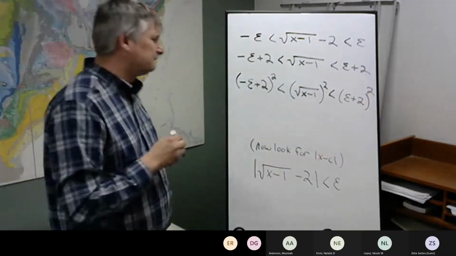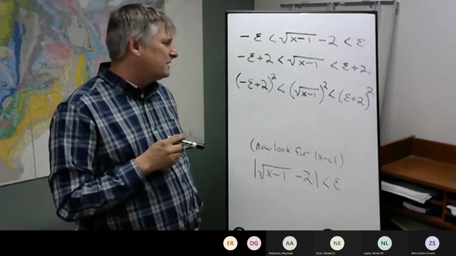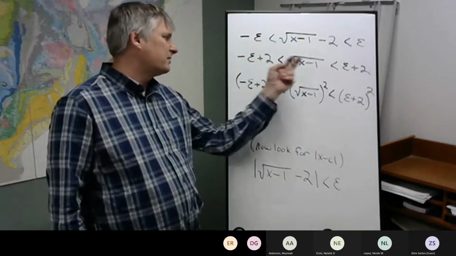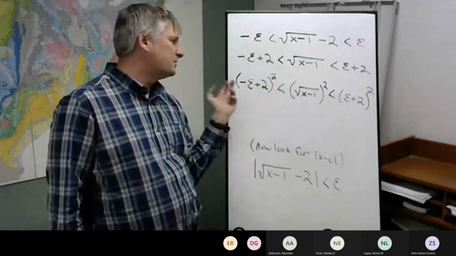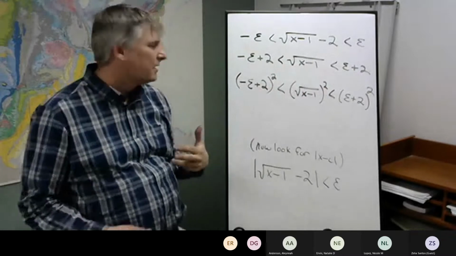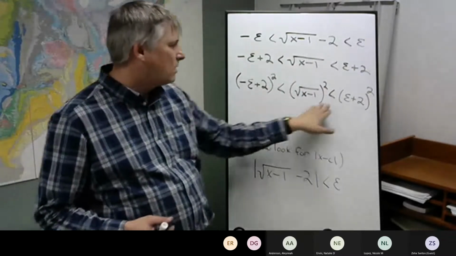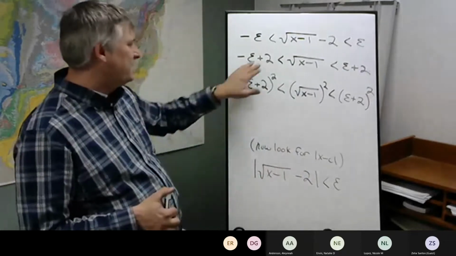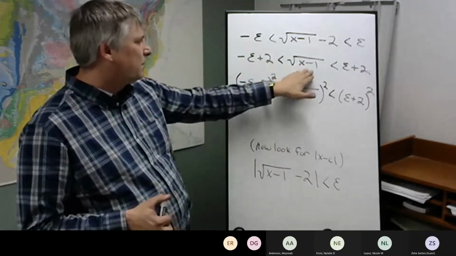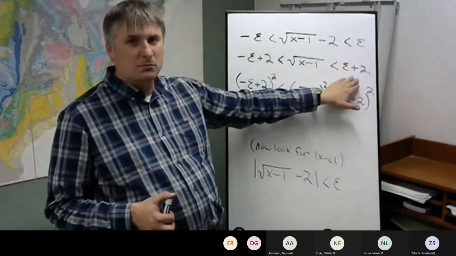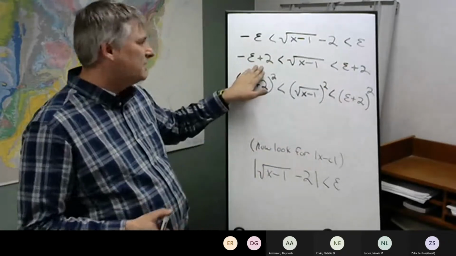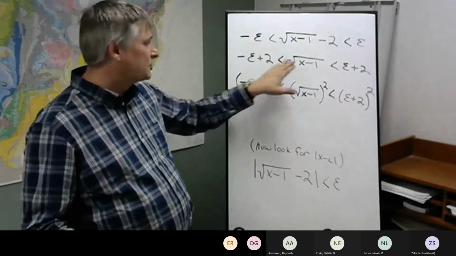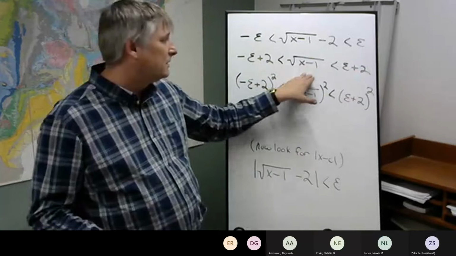Why I'm being cautious is that with this idea of something smaller than this, smaller than that, you can just square everything and the inequalities don't change. This isn't always true. Like if this was, say, -10, this was +1, and this was +2. If you squared -10, you get +100. Squared 1, you get +1.